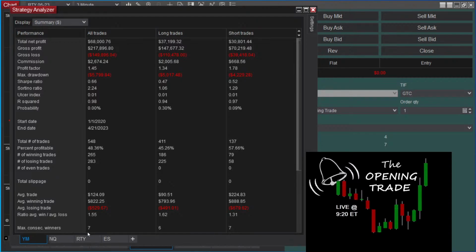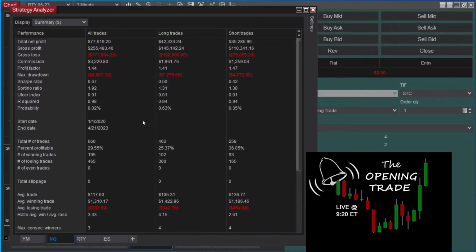2 minutes after that, we could see a trade on the Russell 2000 futures, of course. Here is the start and end date on the back test, the max drawdown, gross loss, and total net profit there. 2 minutes after that, at the same time, as long as each trade indicator is met, we can see the NASDAQ and then the S&P fire off at the same time.